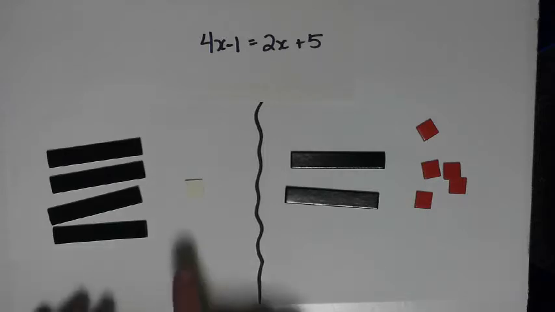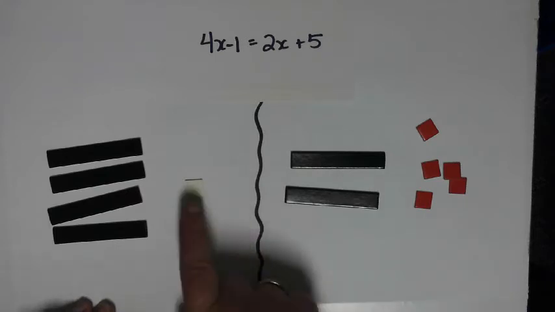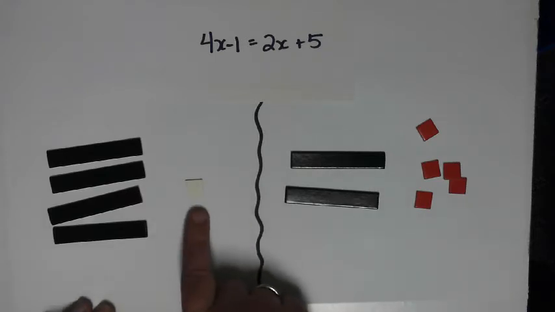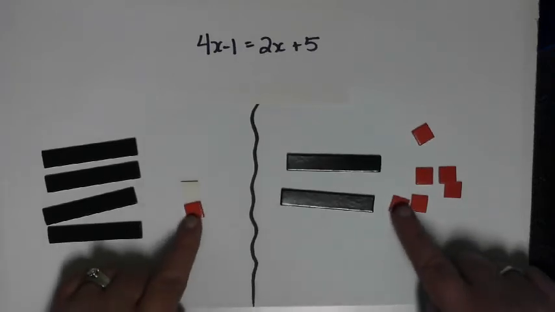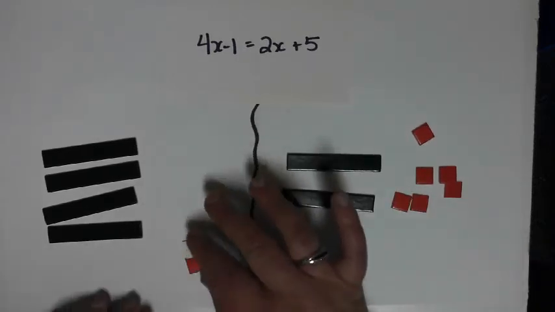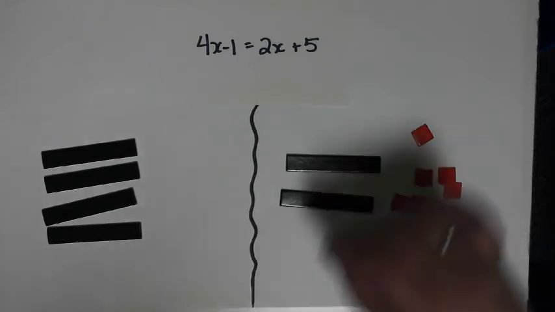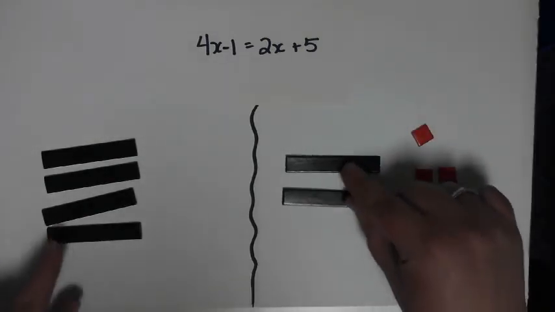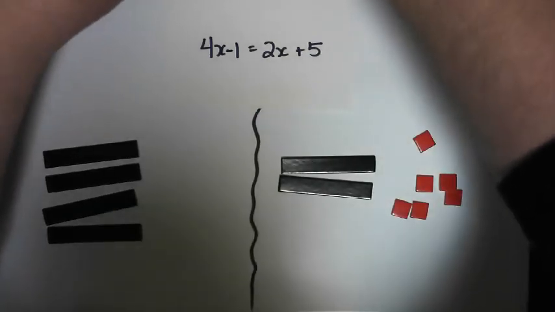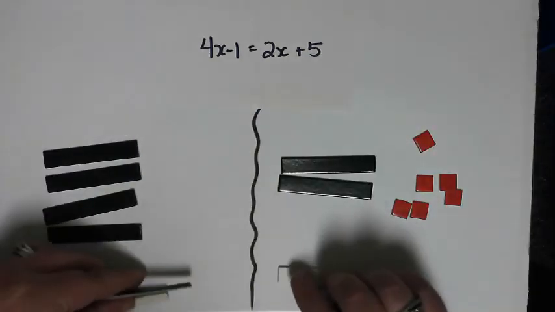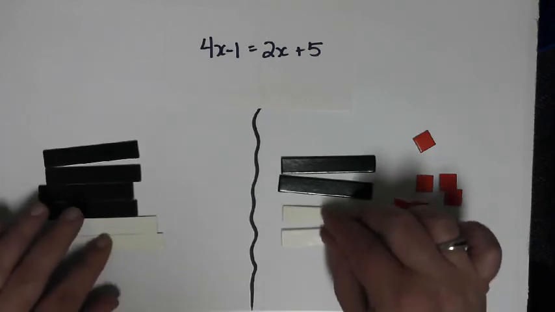With that in mind, I'm going to take that one away. In order to take it away, I've got to introduce a positive, so I'm going to introduce a positive on both sides. That helps me out because I can take those 2 away. In the exact same way, I'm going to take these away from here. In order to do that, I'm going to introduce 2 negatives.